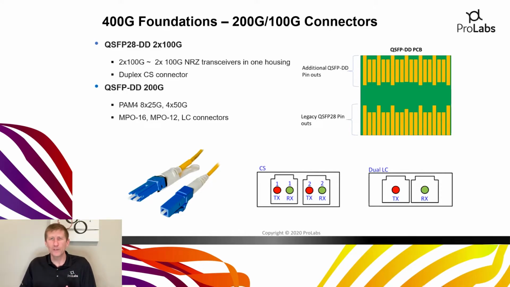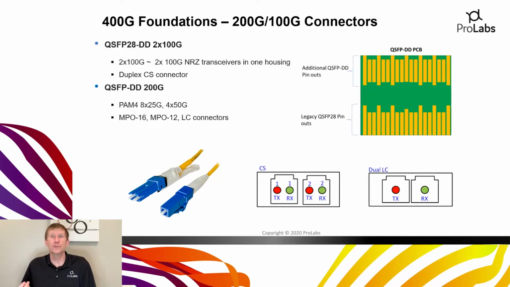And when you say that, what do you mean two independent transceivers? Well, this particular transceiver integrates the CS connector. I mentioned that's one of the new connector types. A CS connector essentially is two transmit and receive fiber cores within the space of one LC connector. Those of us who have been around for a long time, like myself, remember when the LC connector came to market and it doubled the density over existing SC connectors, where two LCs, a transmit receive pair, fit in the space of one SC connector.